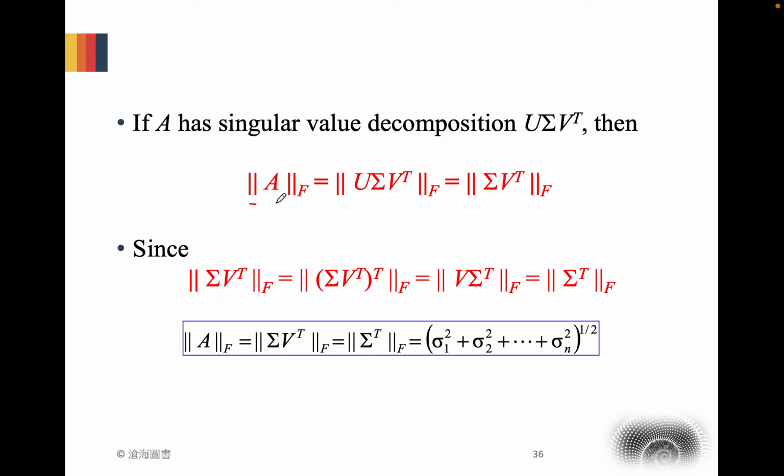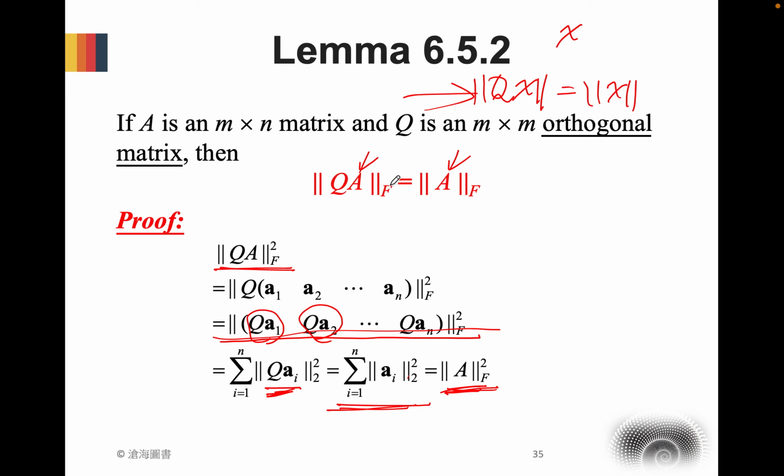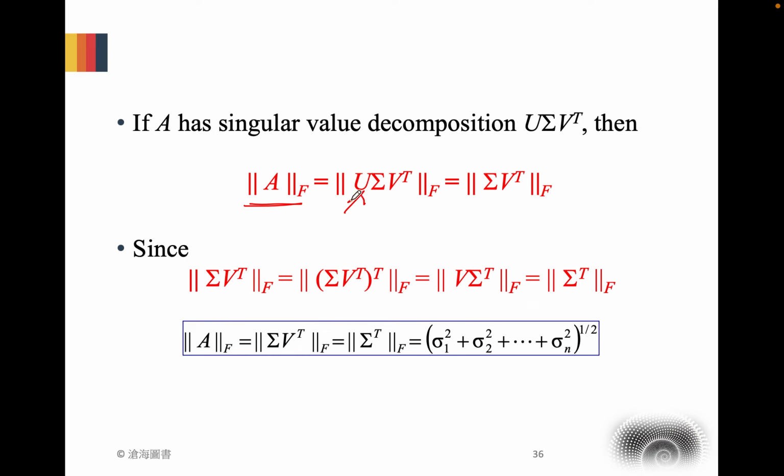So now, if A has a singular value decomposition, then the Frobenius norm of A is equal to the Frobenius norm of U sigma V transpose, right? And because U is an orthogonal matrix, according to lemma 6.5.2, we know this Frobenius norm is equal to this Frobenius norm.